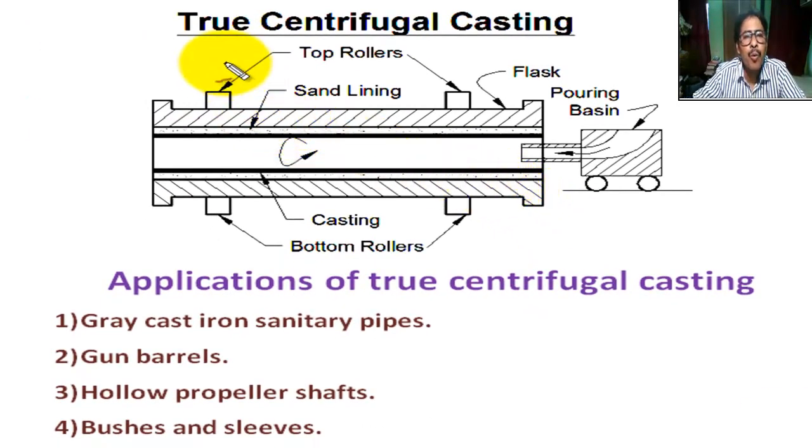Now, what is true centrifugal casting? This is the figure of a centrifugal casting mechanism. This is the flask or molding box.